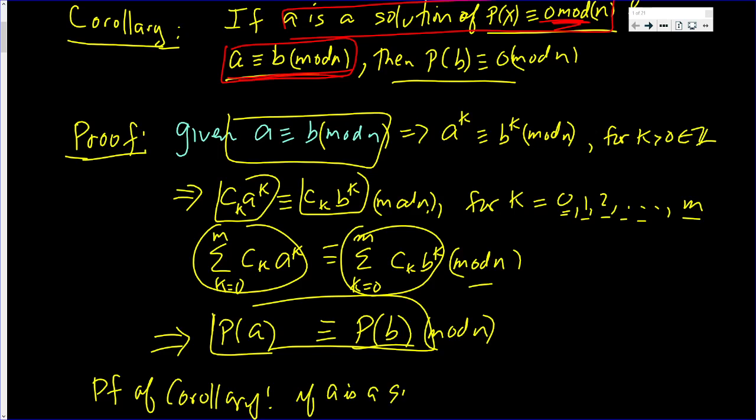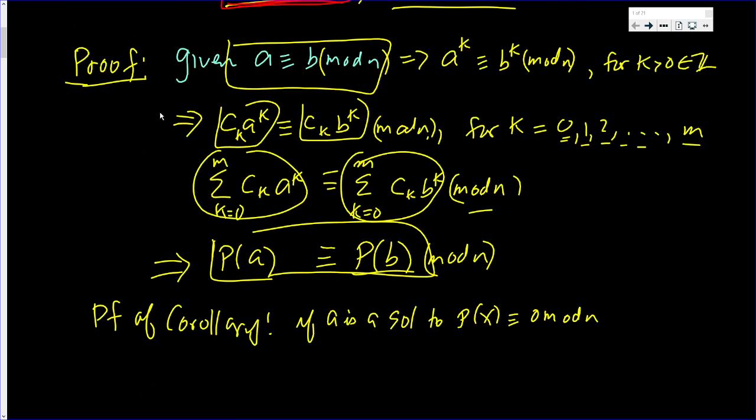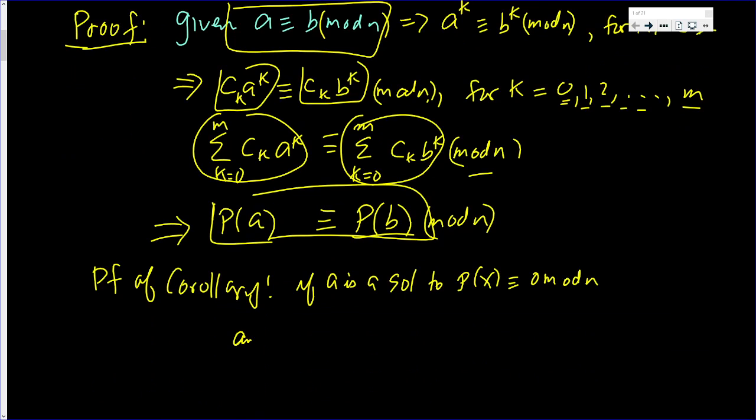If a is a solution to p of x equals 0 mod n, and a is congruent to b mod n, that implies that p of a is congruent to p of b mod n, which is 0 mod n.